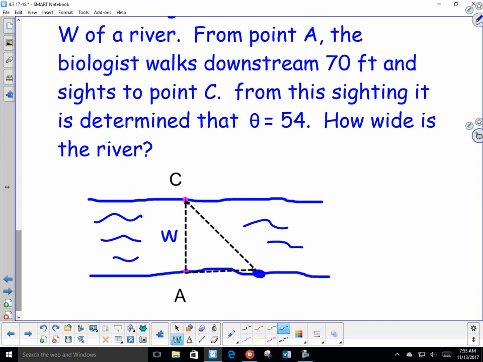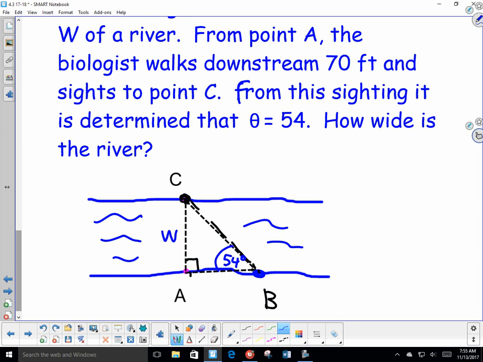So let's say she gets to this point B, and then sights across to point C, which was directly across from her starting point. So we've got a right angle here. From this sighting, it is determined that angle theta, her angle that she's measuring here, is 54 degrees. So we want to know how wide is the river.